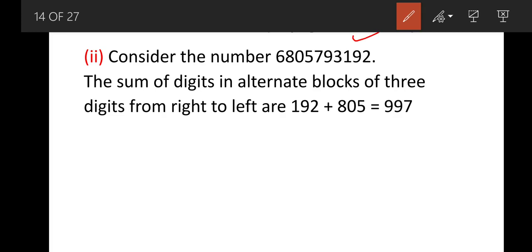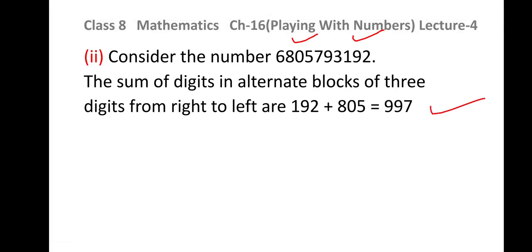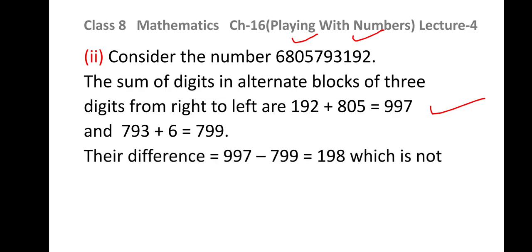Second, I am leaving 793. Then the next block is 805. I have added these two, and then 793 plus 6 will be equal to 799. Then I need to take the difference, that is 997 minus 799. It will give you 198, which is not divisible by 7.